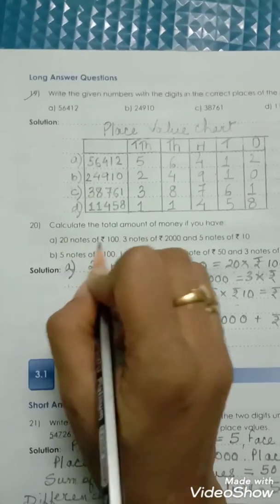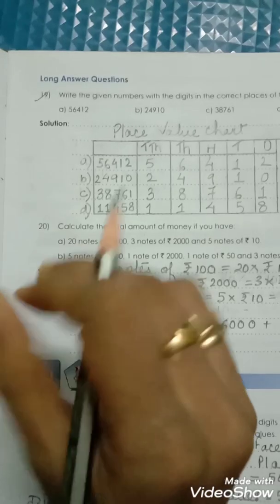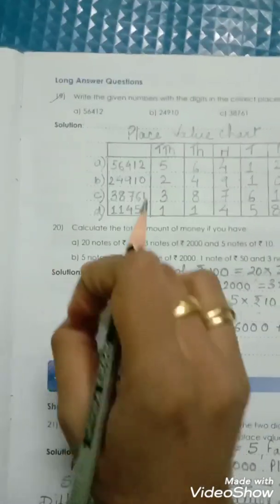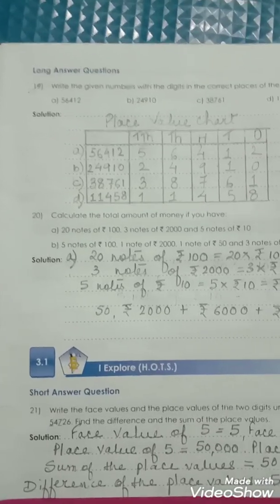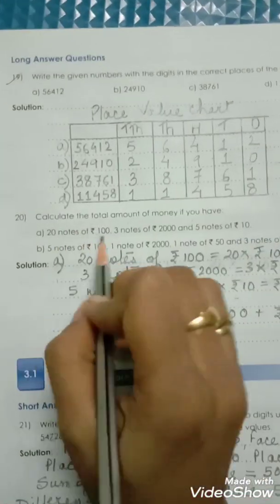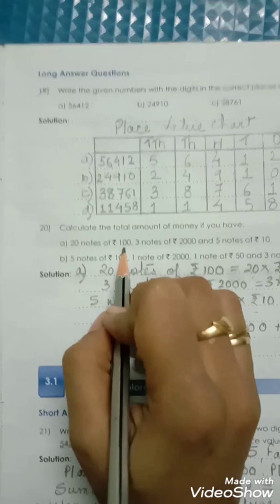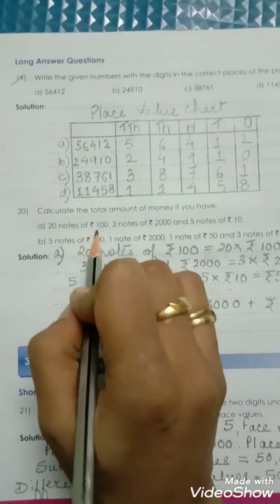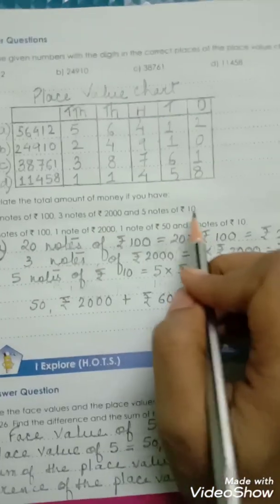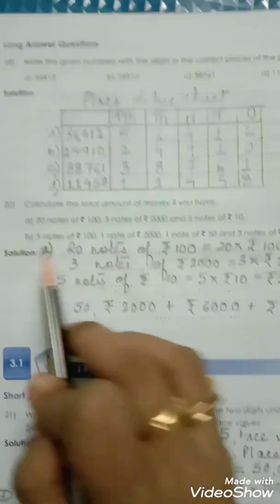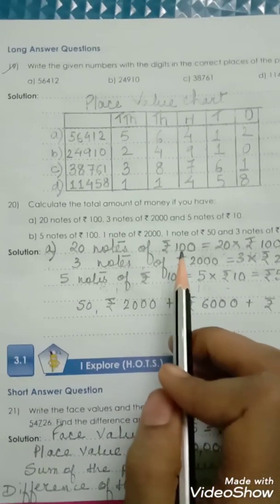Whatever is given here, at last you have to calculate the total amount. These are the denominations given. How many 100 rupee notes? 20. How many 2000 rupee notes? 3. How many 10 rupee notes? 5. Now first you will calculate. After that, at last you will total it.